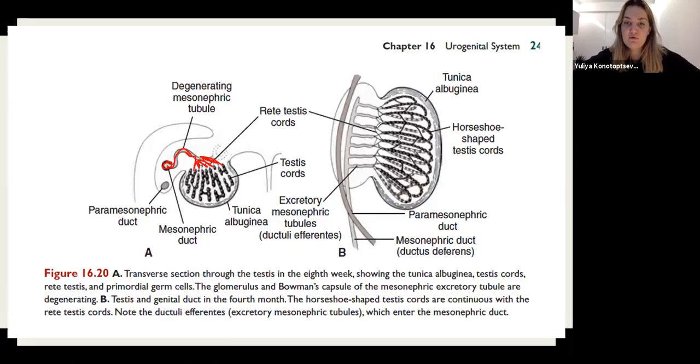They'll give us the rete testis, vasa efferentia, and epididymis, and then the rest of the mesonephric duct will become the vas deferens, ejaculatory ducts, and so on. So in males, you can see that mesonephros do not fully degenerate. The majority of them will be attaching to the medullary cords.